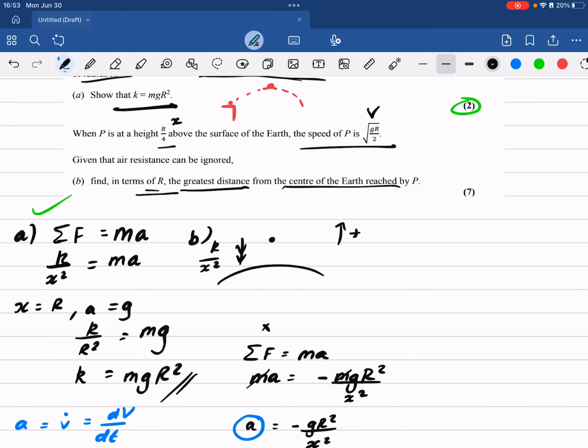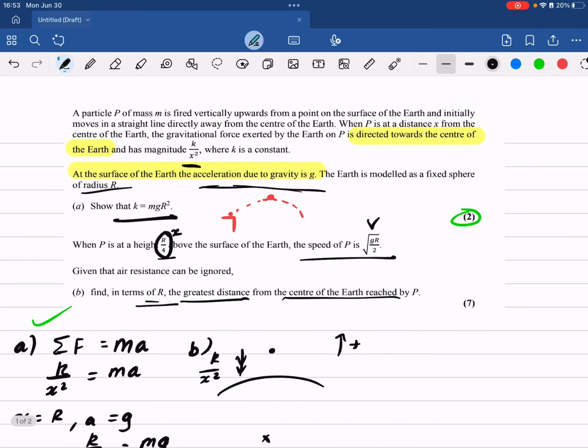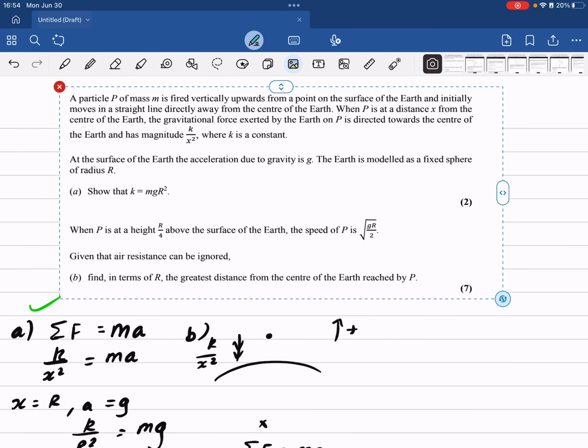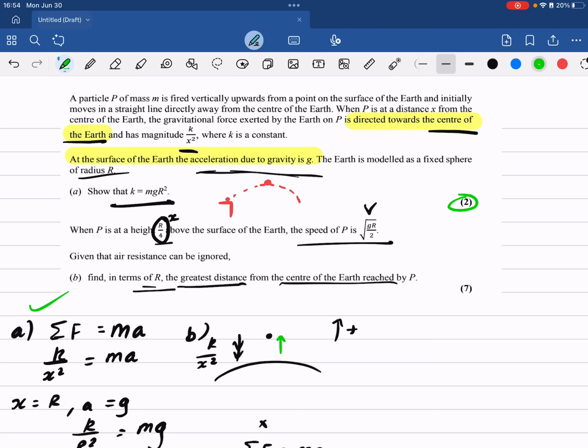So we know that when it's at a height r/4 above the surface of the Earth, the total displacement from the center of the Earth, which is our frame of reference, is 5r/4. So I'm just going to rewrite that. Let's say this distance over here is r/4. This is r.